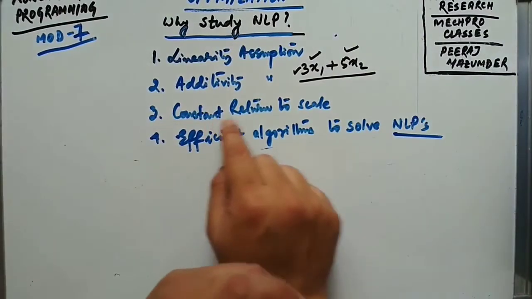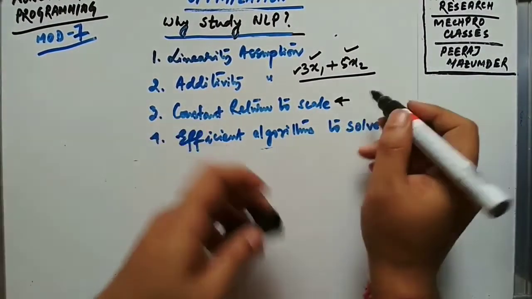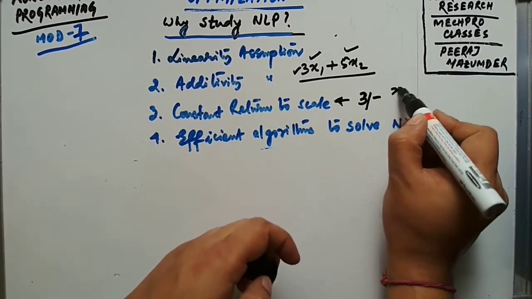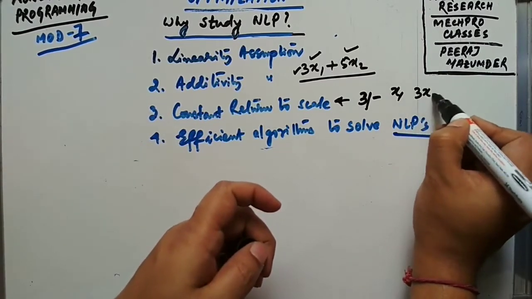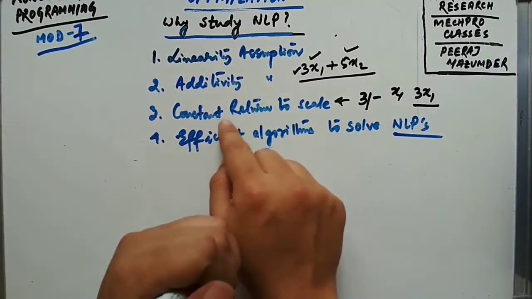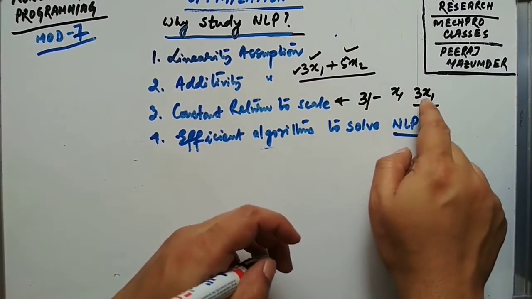Now this constant return to scale: for unit profit we have, say, 3 rupees of profit, and when we manufacture x1 quantity, we simply multiply it with 3x1, which gives the total profit. But constant return to scale says this doesn't always have to be this way.